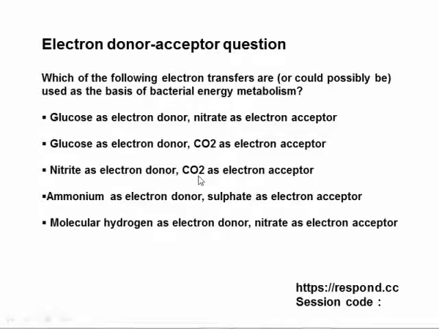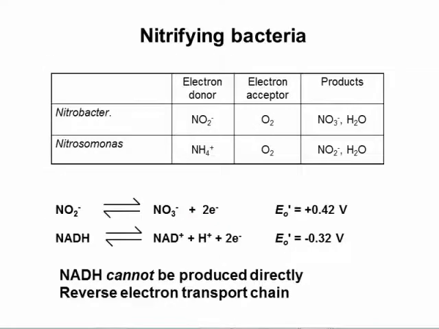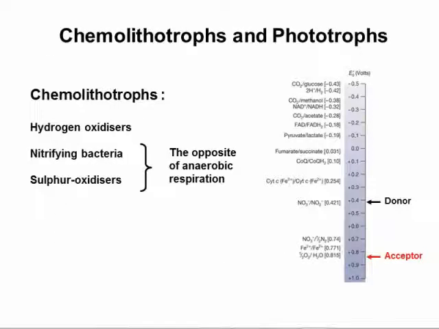Nitrite as electron donor, CO2 as electron acceptor. Okay, you say yes. Who else? What does everyone say? Most people say no. No is correct. Why is it correct? The half reaction for CO2 is way down here somewhere, right?